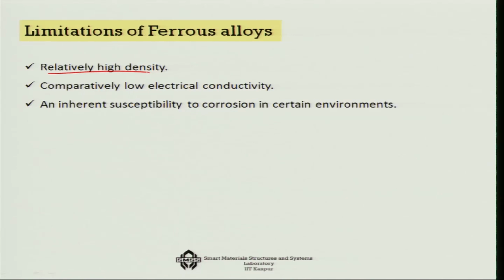They also have low electrical conductivity, and an inherent susceptibility to corrosion under certain environments, for example saline water. Take this Coke can example: Coke is highly acidic. If you put Coke on a ferrous material, you would see how it gets corroded with time. But this particular aluminium alloy composition has very good corrosion resistance.